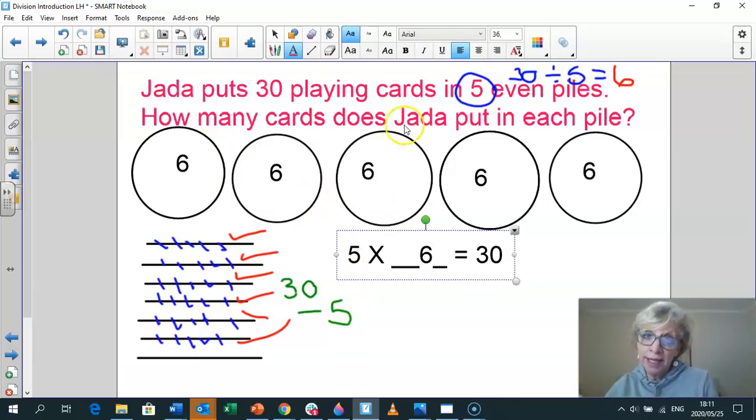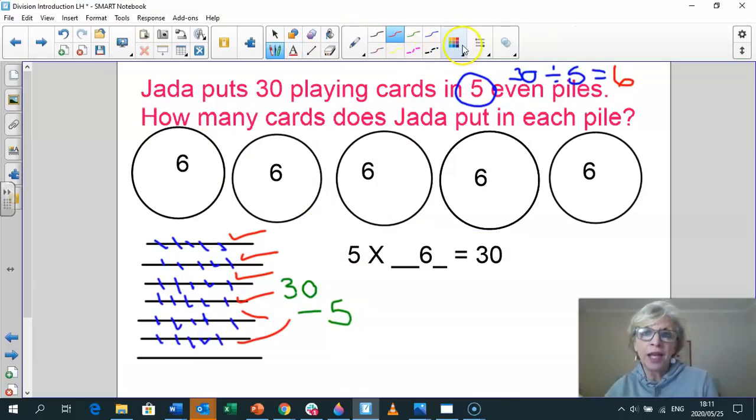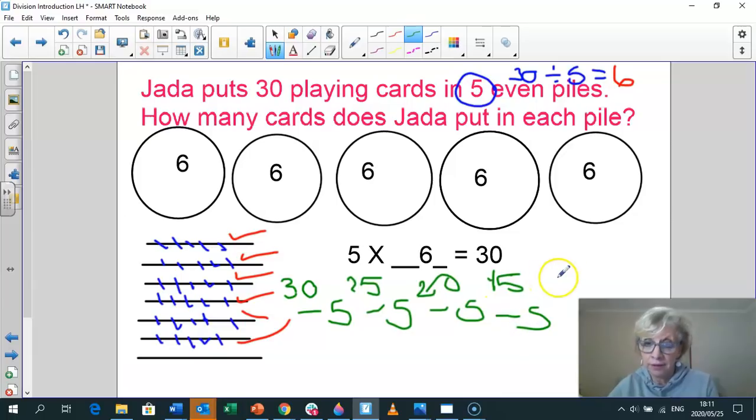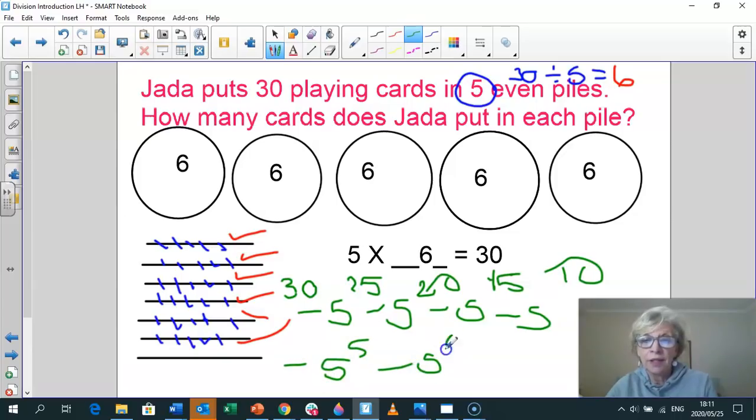And if I subtract again, let's go ahead with that too. So 30 minus 5 is 25, minus 5 is 20, minus 5 is 15, minus 5 is 10, minus 5 is 5, and minus 5 is 0.